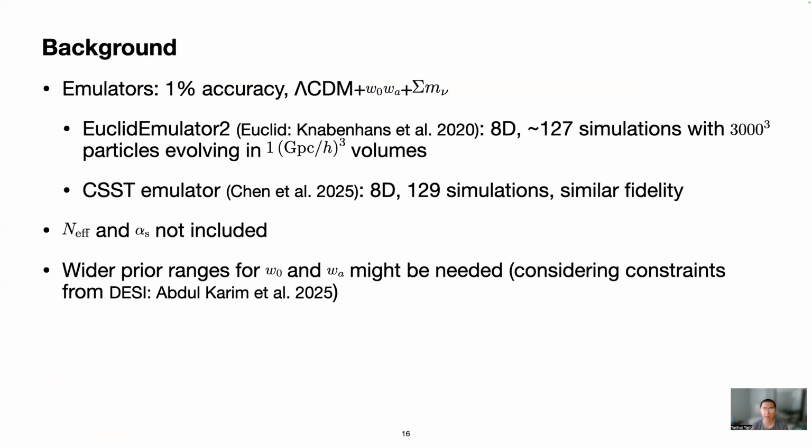They are both 8-dimensional emulators trained on more than 100 simulations, but they don't include N_F and alpha_s. Another serious problem is that they don't have sufficiently wide priors for w0 and wa that would be required for future analysis considering constraints from DESI.